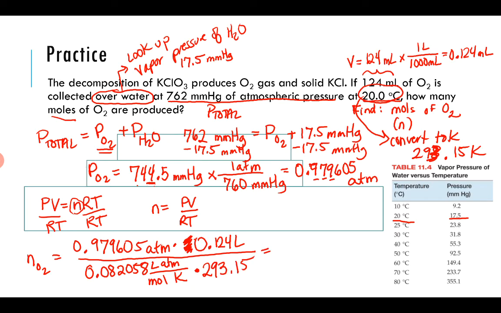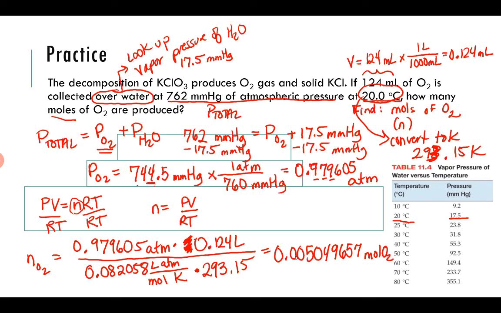And so then you have 0.979605 times 0.124 divided by 0.082058 times 293.15. And so that is 0.005049657. And then that's my moles of O2.